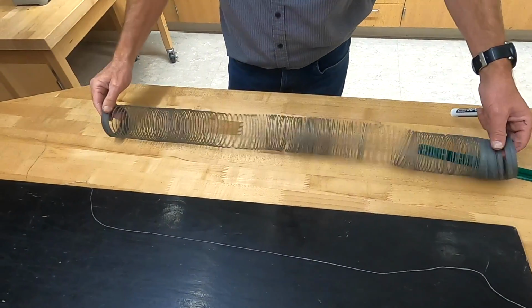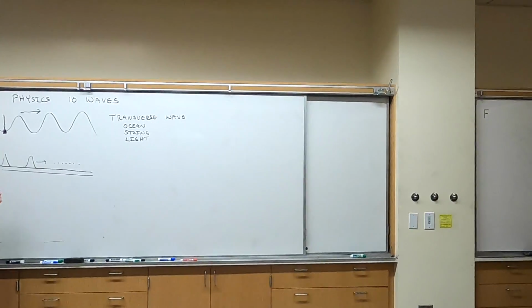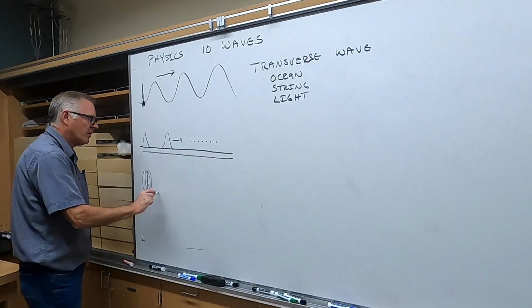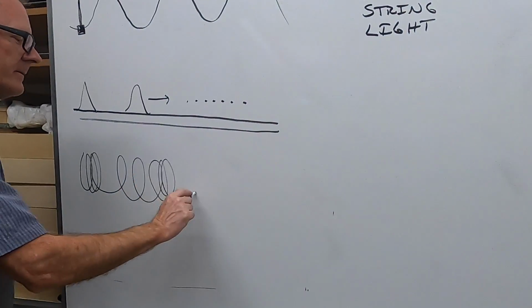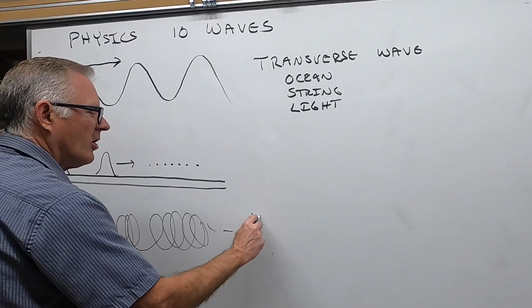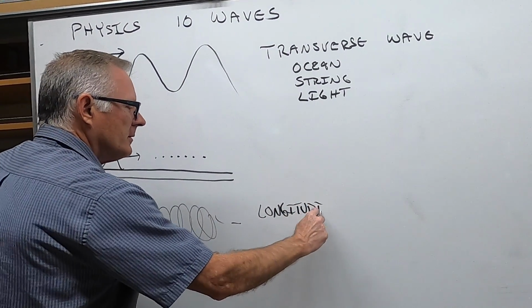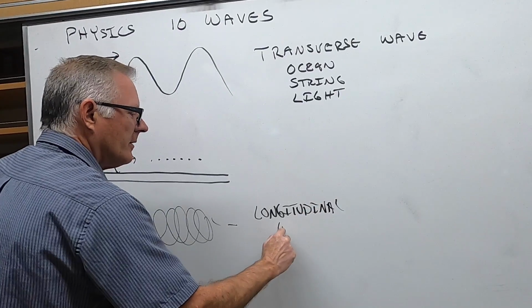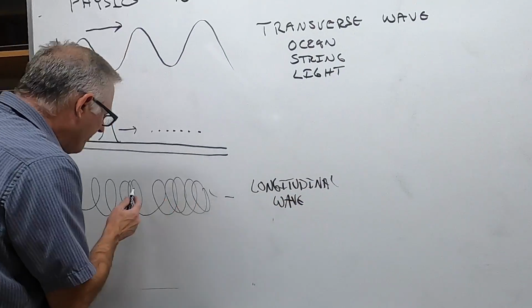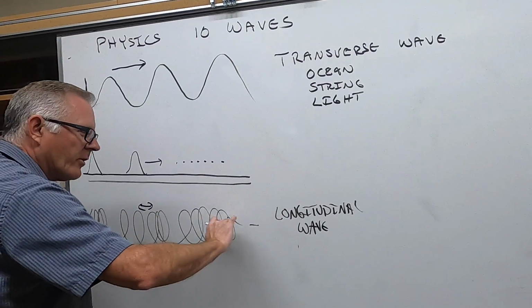This would be called a longitudinal wave. So this one, it looks like it got really close and then further apart, and then really close and then further apart, and then really close. This was the longitudinal wave. If you looked at any part on here, we'd go back and forth in the same direction that the wave travels.